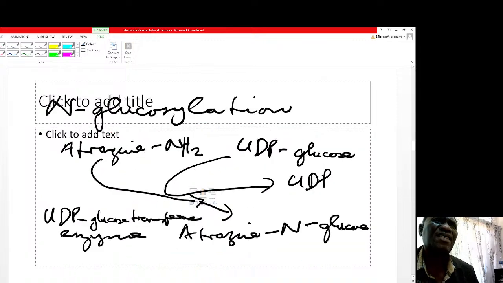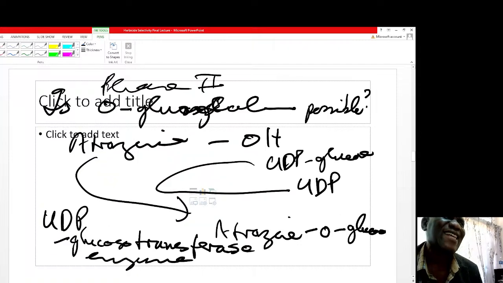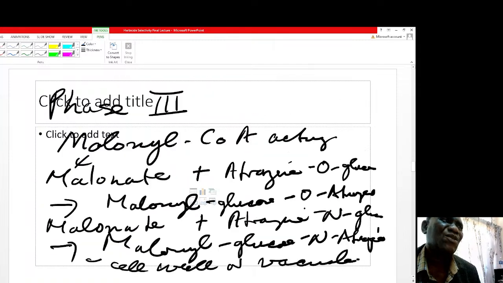So this is how atrazine is likely to be metabolized, probably in the plants. These processes are very fast in the maize, and hence the maize is not going to be killed.